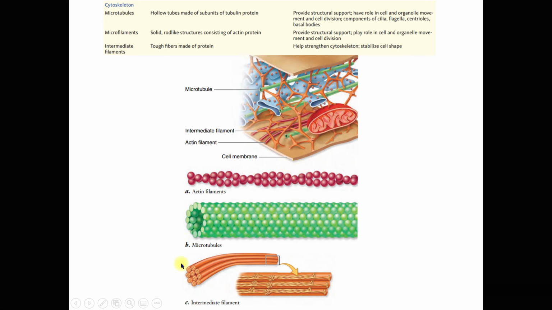Next we have the intermediate filament, which are tough fibers made of protein. You can see the fiber structure of the intermediate filament. This intermediate filament helps to strengthen the cytoskeleton, which in turn stabilizes the shape of the cell.